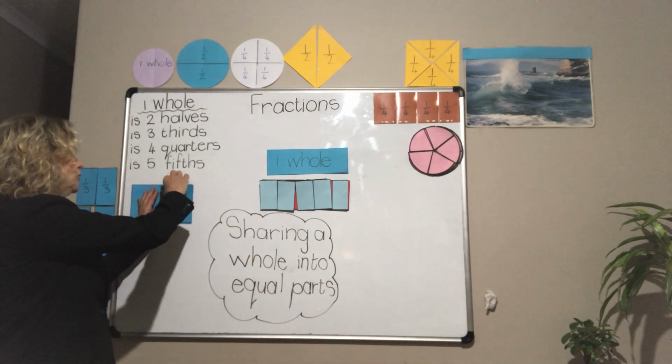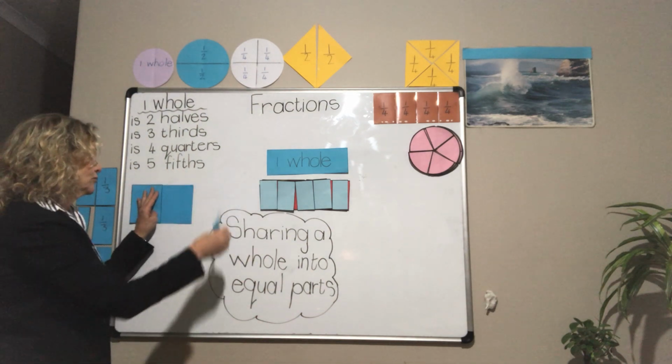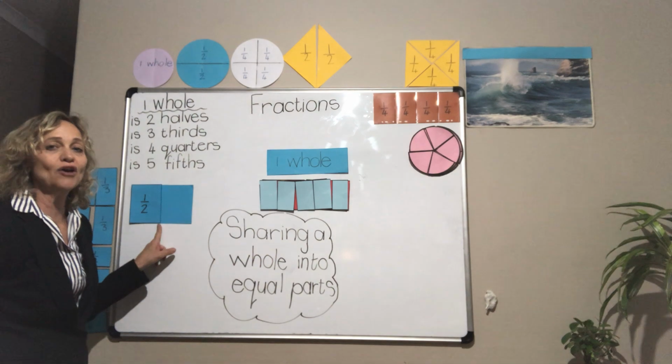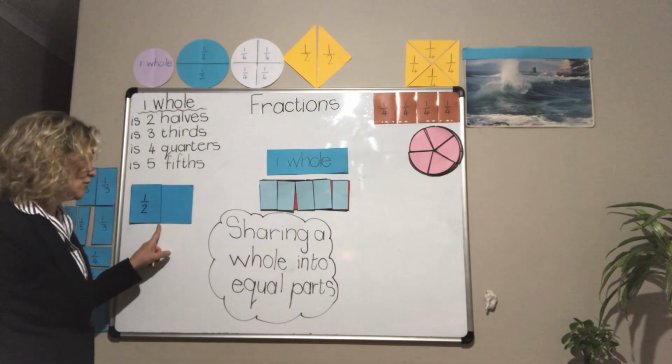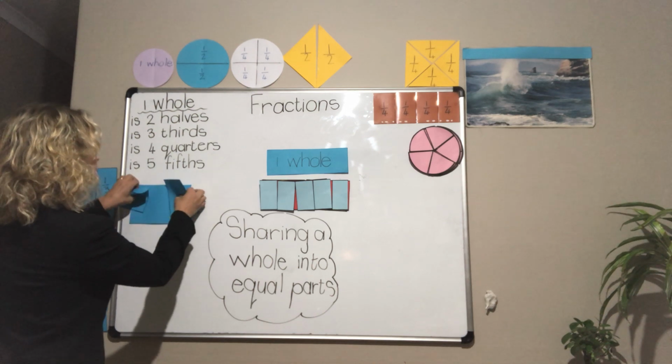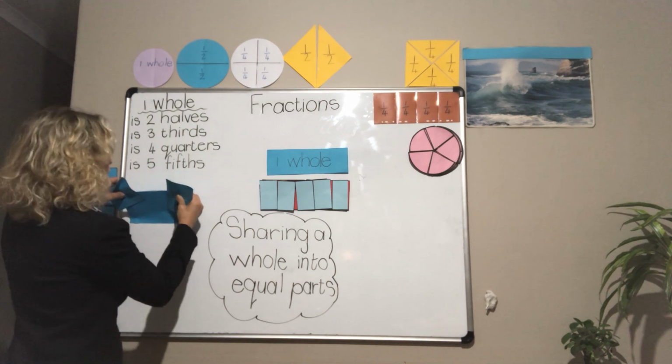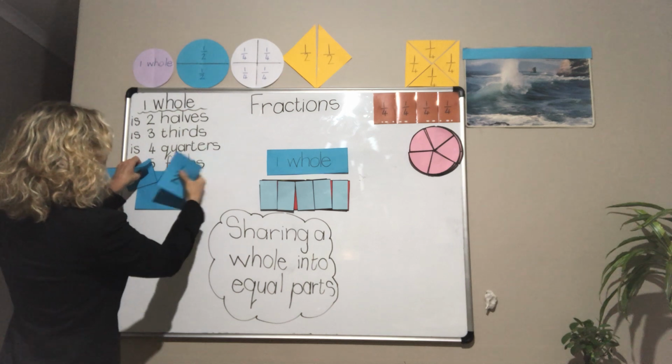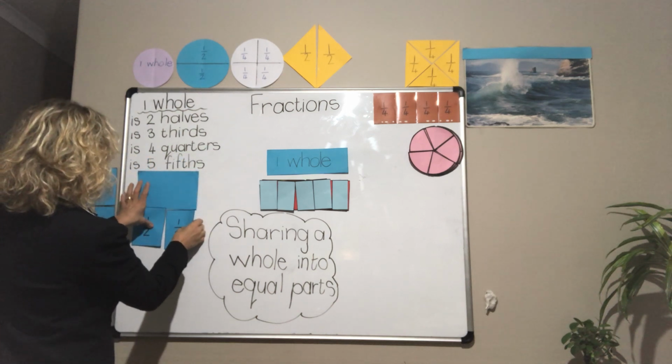If I would remove 1/2, what do I have left over? 1/2. That's correct. So the rectangle has 2 halves, right?